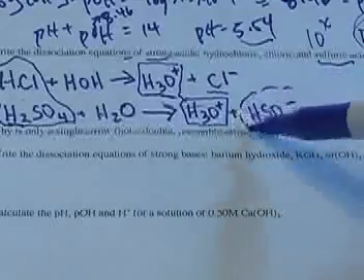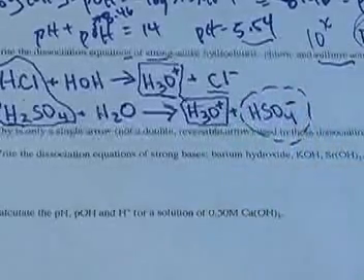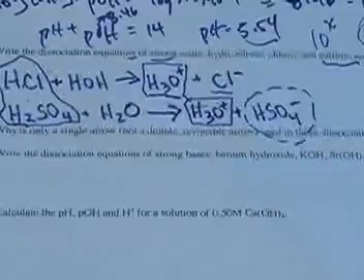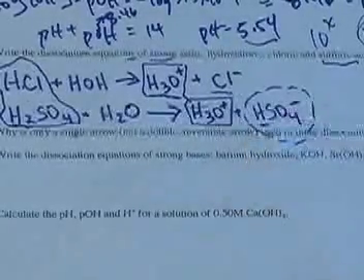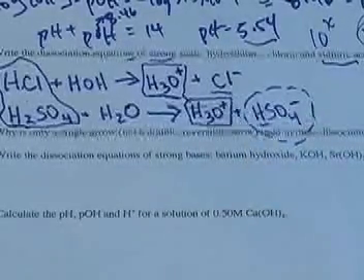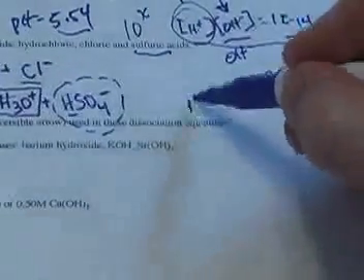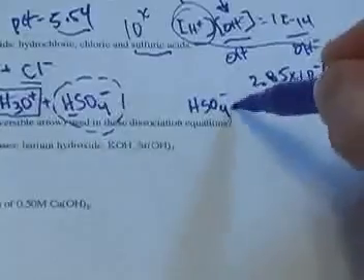What happens to this, by the way, HSO4 minus? Remember, this is not one of the strong acids you memorized, but it is a weak acid because it does have an H that it could give away. And so there'll actually be a second dissociation of this, HSO4 minus and water.